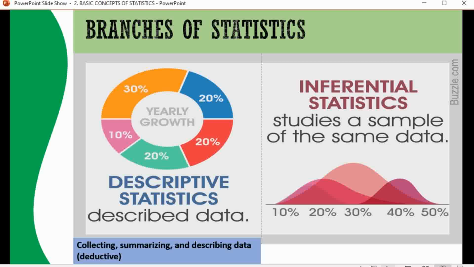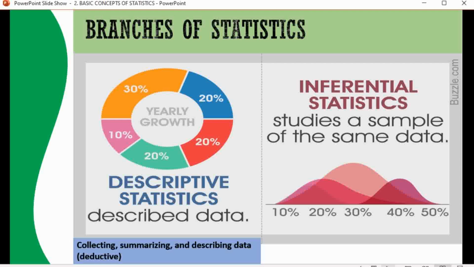We could be speaking about the voting population, and if it's descriptive, you will focus on the entire country, meaning if there are 30 million registered voters, you will have to focus on the 30 million registered voters for it to be descriptive.